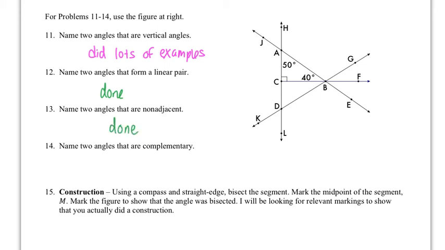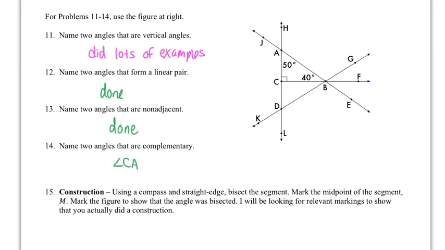All right, 2 angles that are complementary, there is only 1 pair. Complementary means 2 angles that add to 90, not just a 90-degree angle. That's called a right angle. So if you said ACB, no, that is a right angle by itself, so it's not complementary. Complementary angles are a pair of angles, so 2 angles that add to 90. There are only 2 that you could have named here because those are the only 2 that are marked with actual degrees.